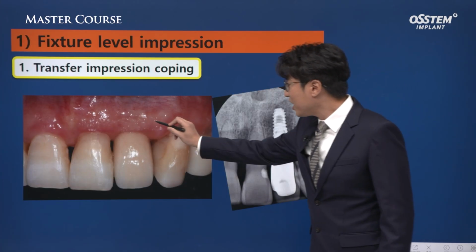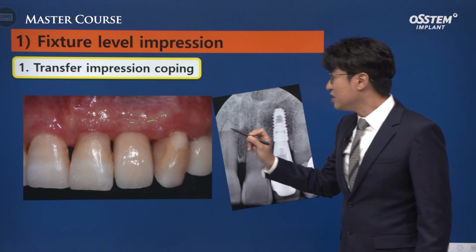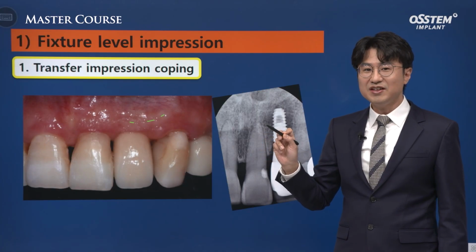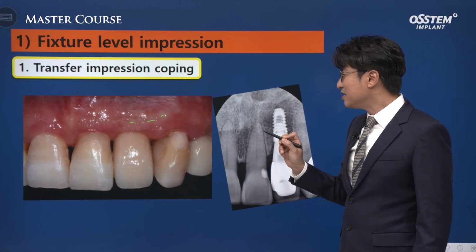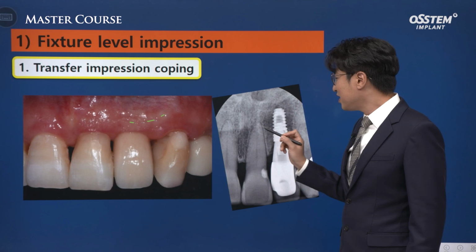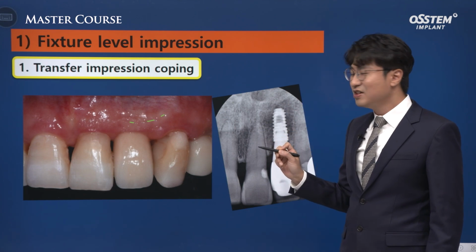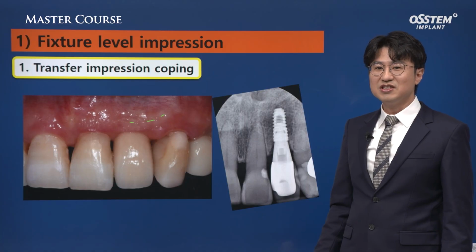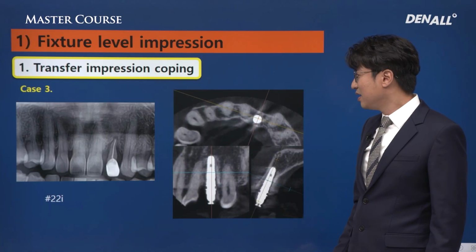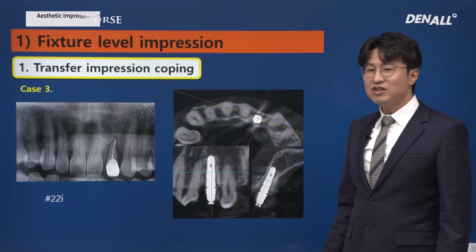What is important is that you can see a whitish part in the gum because the implant prosthesis is bigger than the healing abutment, so we need to use anesthesia. Number 22 was hopeless, so it was extracted and an implant was placed.